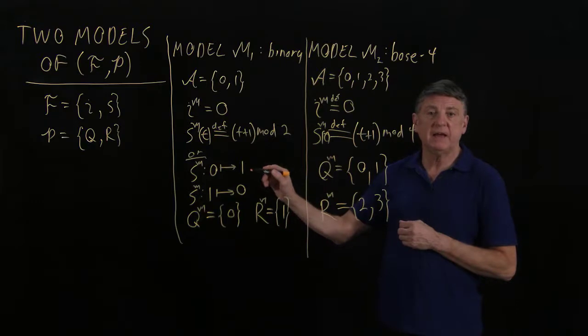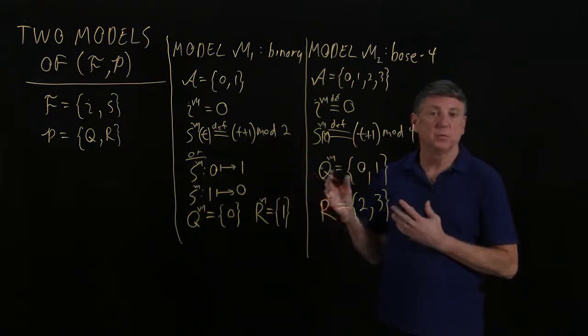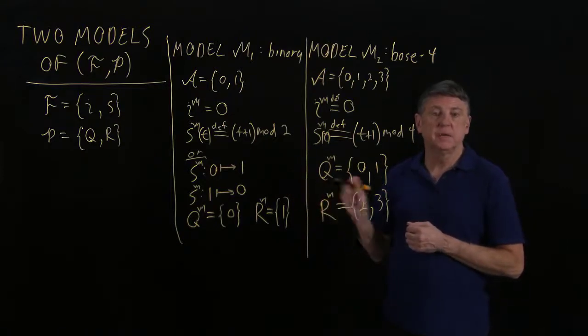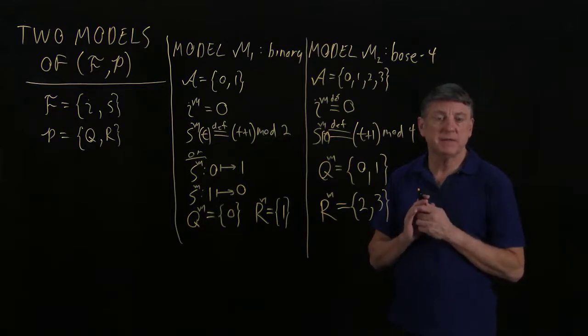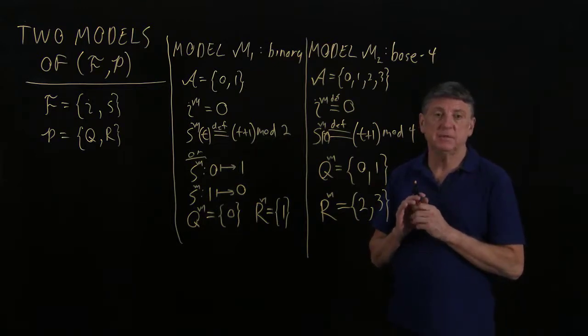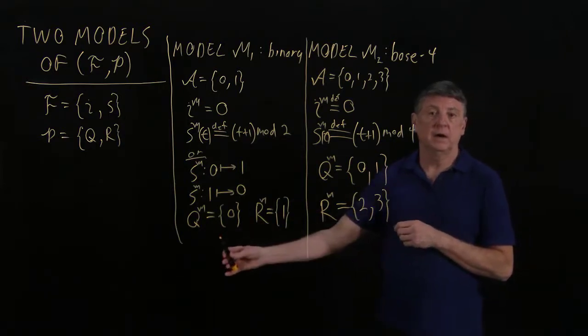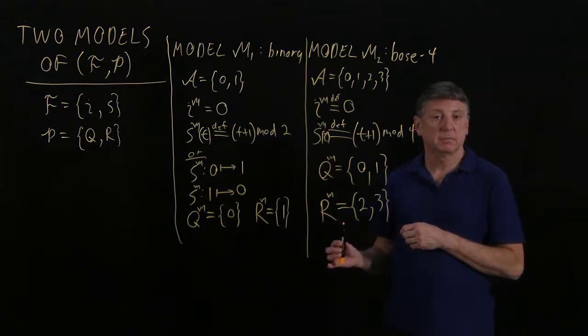And we then have defined each of the predicates, and in this case we're imagining unary predicates, and we've defined each of them. Now we observe that if we have logical statements, the logical statements are going to have different truth values depending on whether we pick this model or pick this model.